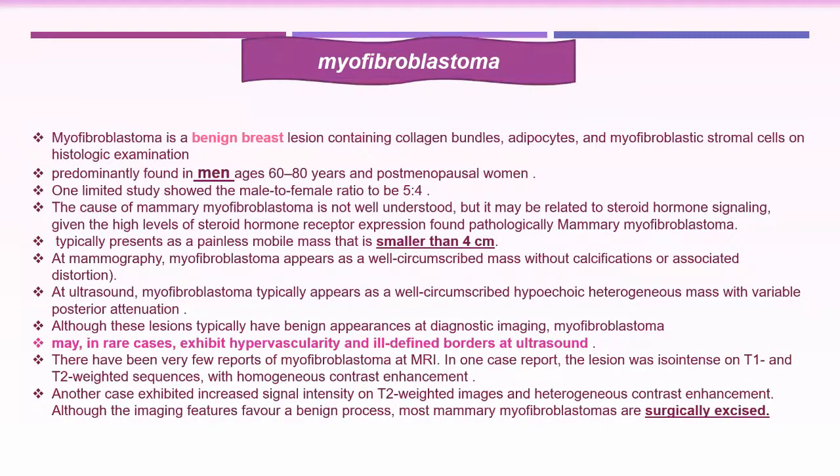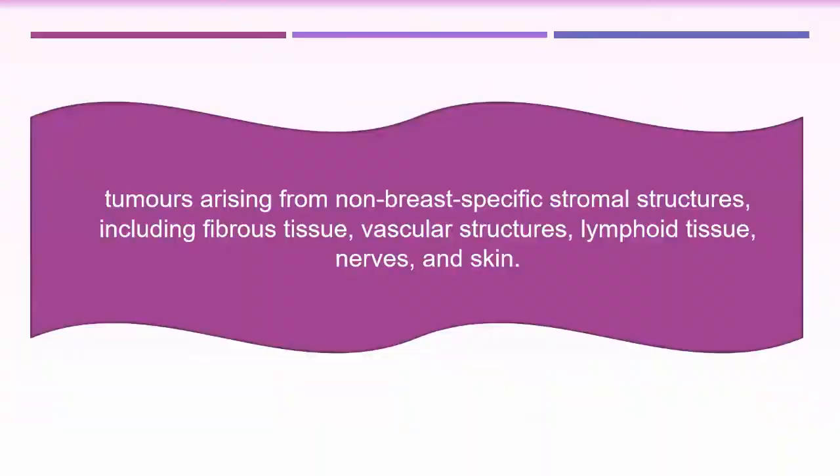It's a benign process, usually presenting as a circumscribed small lesion less than 4 centimeters, but it can present as a non-circumscribed irregular lesion simulating cancer. So, tumors arising from non-breast specific stromal structures, including the fibrous tissue, vascular structures, lymphoid, nerve, and skin, as we have some examples of these above.